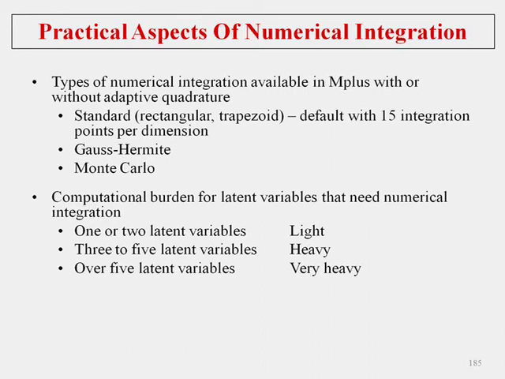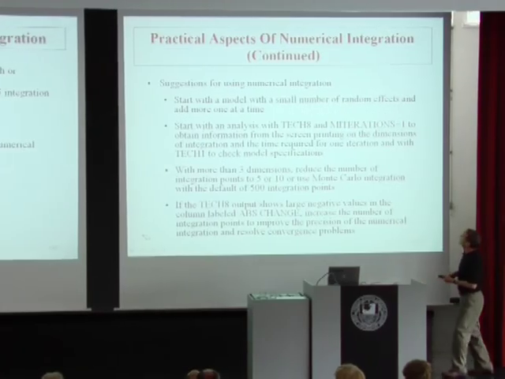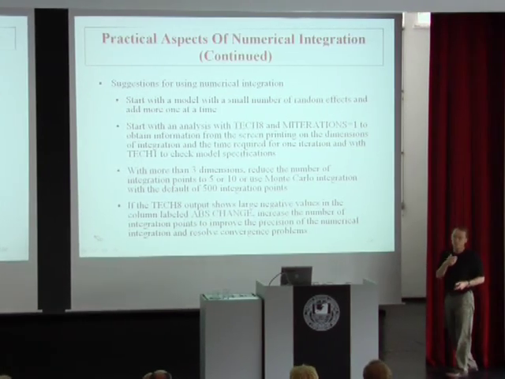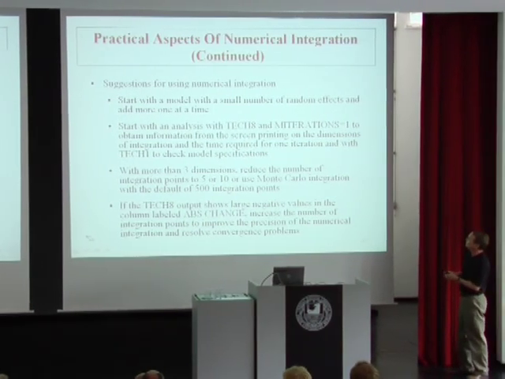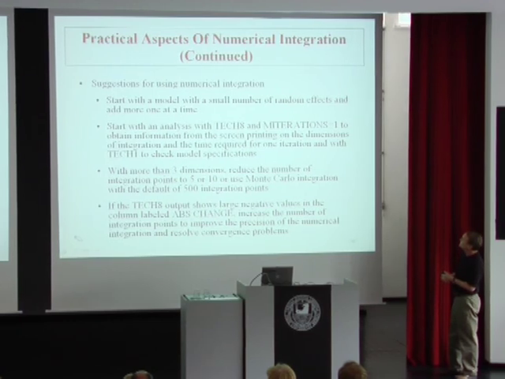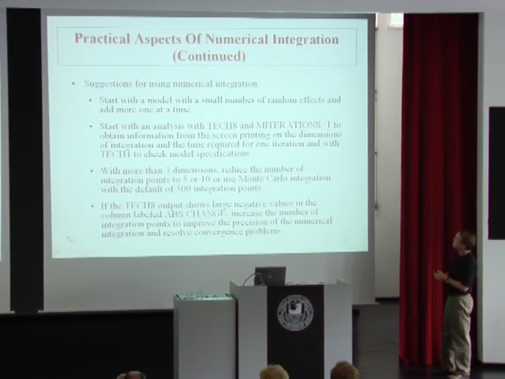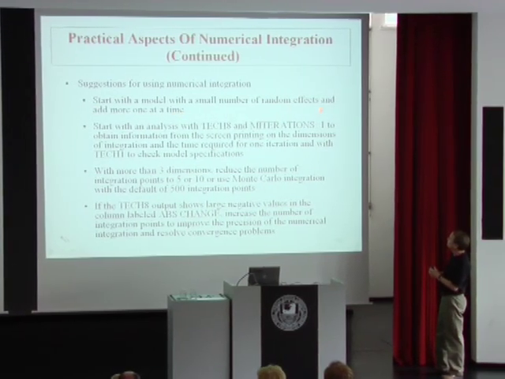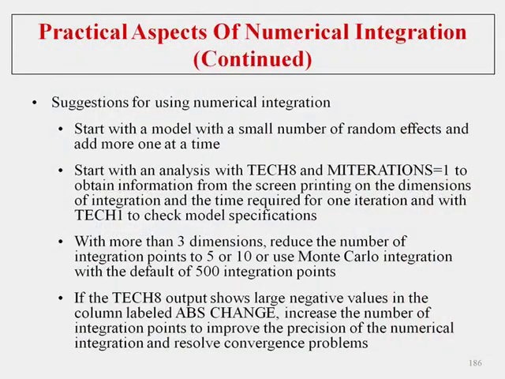One way of dealing with many dimensions is to do so-called Monte Carlo integration. I will give you references for your self-study at the end here. But a suggestion for numerical integration, and this will be very important next week too when we talk about multi-level modeling, is to start with a model with a small number of random effects and add more one at a time. Very often, effects are not random, but fixed.